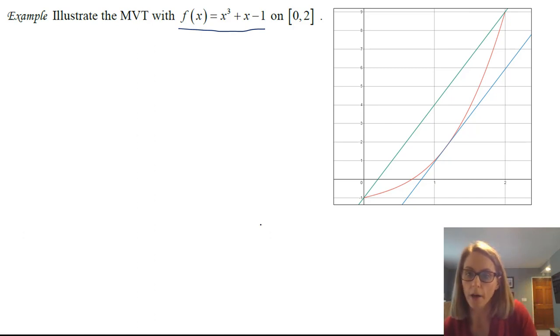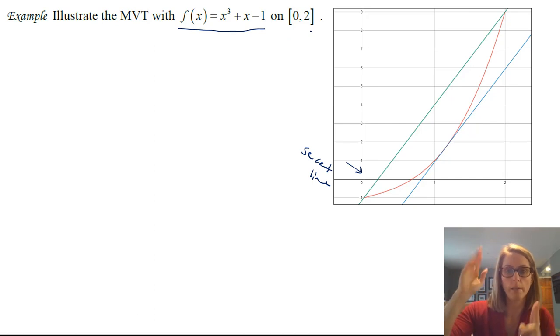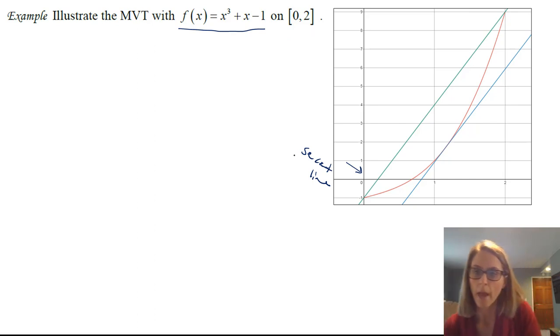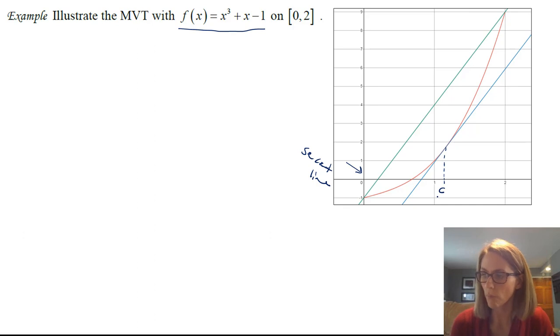Now the green line is the secant line, the line between the x values 0 and 2. And what I want you to see is that there's some c right here, for which the slope of that tangent line is the same as the green line. So the blue line and the green line have the same slopes.